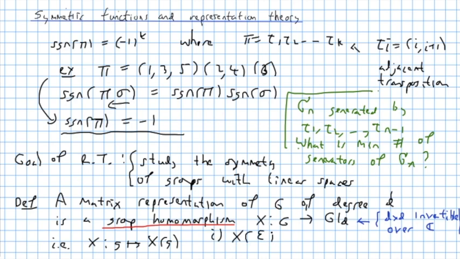The identity element of the group, denoted here by epsilon, has to be sent to the D by D identity matrix. And if I look at the associated matrix to the product of two elements g and h, it should be the product of the respective matrices X_g and X_h.